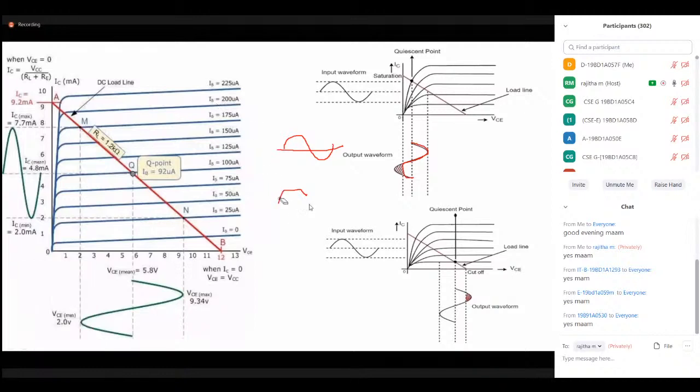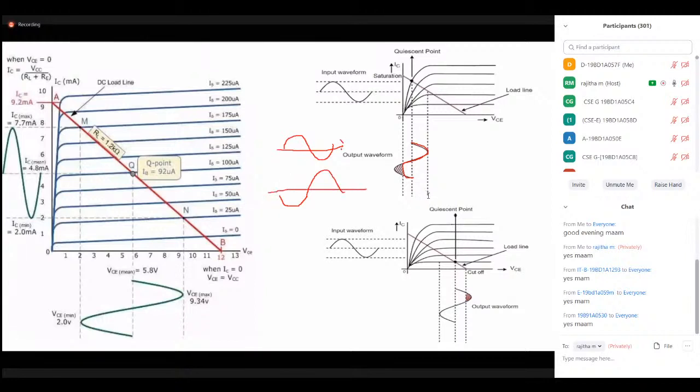For the positive cycle of input, we are getting a negative cycle of output. So we are getting a portion of the output clipped, and for the negative cycle of output we are getting the amplified output.